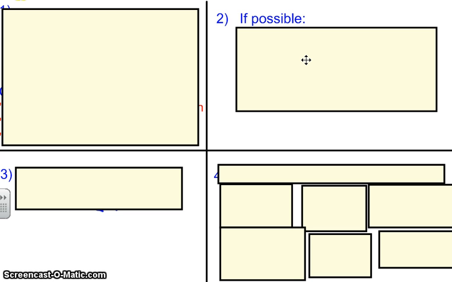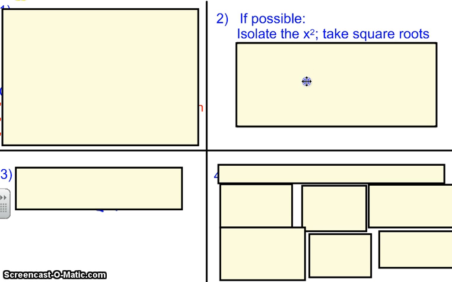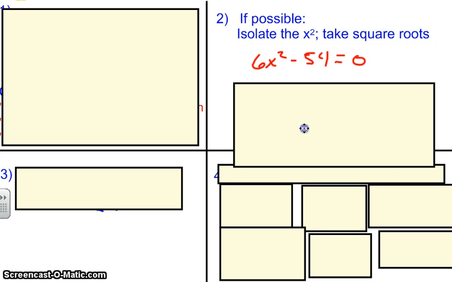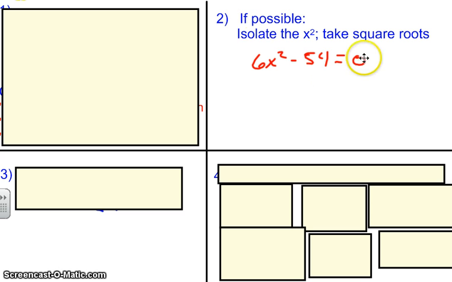So what type of a quadratic equation may you do this for? No b, good. So you have the ability to isolate your x squared and just take the square root. So this example shows you no bx. B would be 0, right?